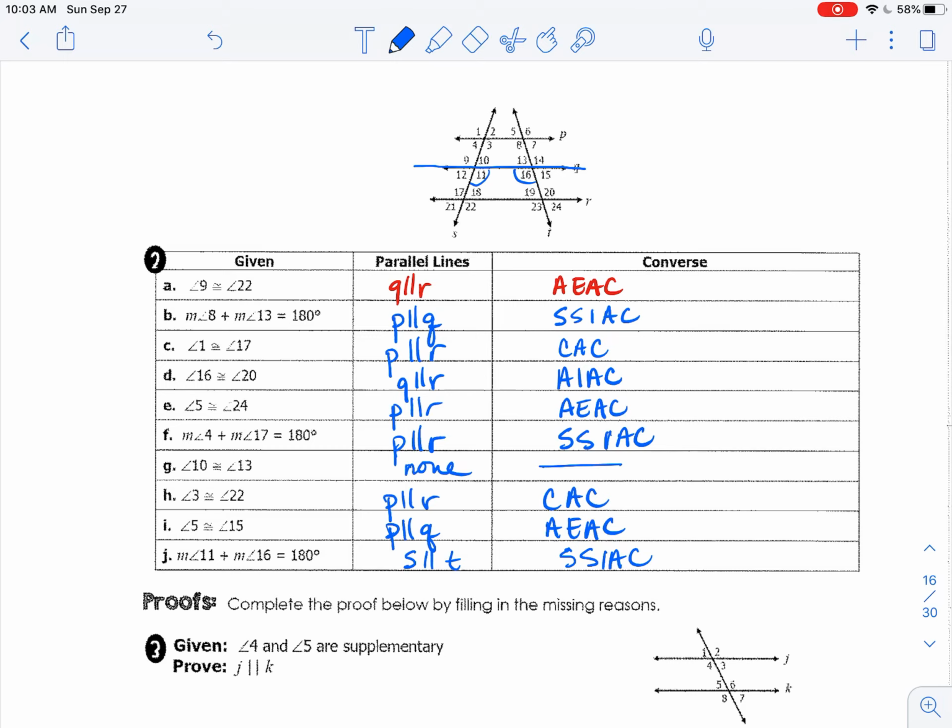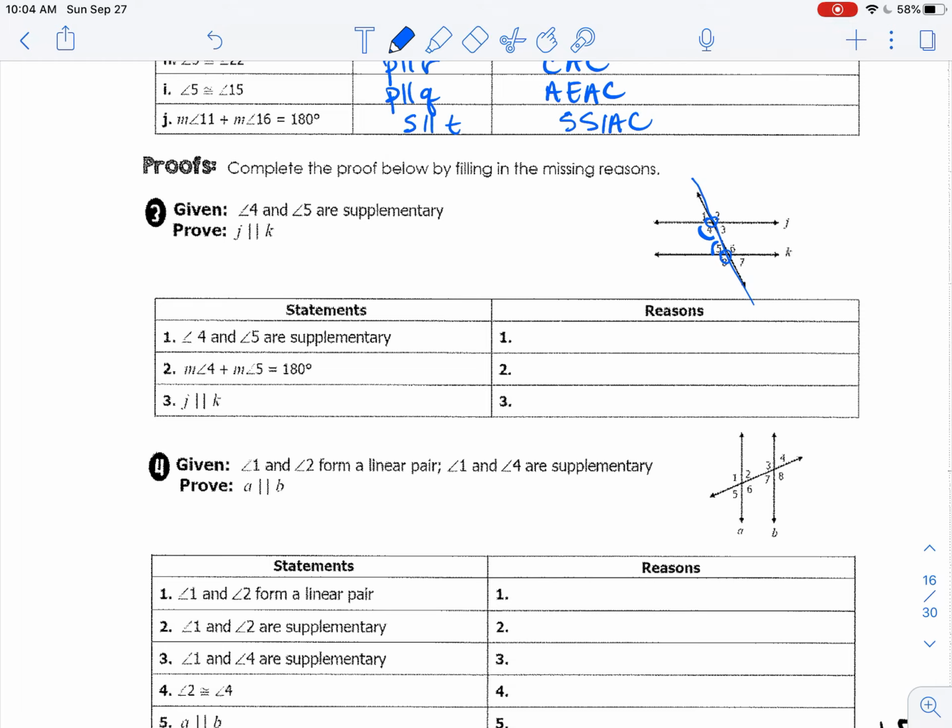Okay, complete the proof below by filling in the missing reasons. 4 and 5 are supplementary, so this guy plus this guy are supplementary. That's what's given. Let's prove that J is parallel to K. Well, they are on the same transversal, and they are in two different angle groupings. So if they are supplementary, well, this is our given. This was given to us. So that is the reason for that first statement.